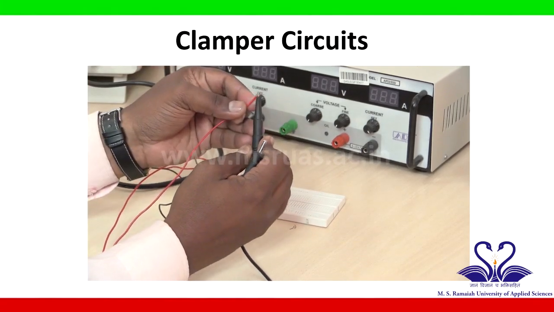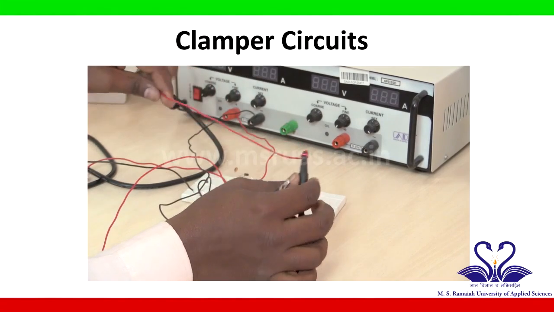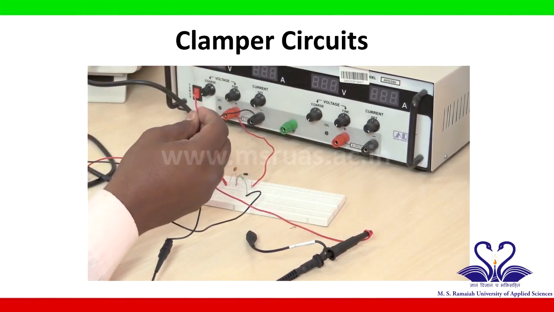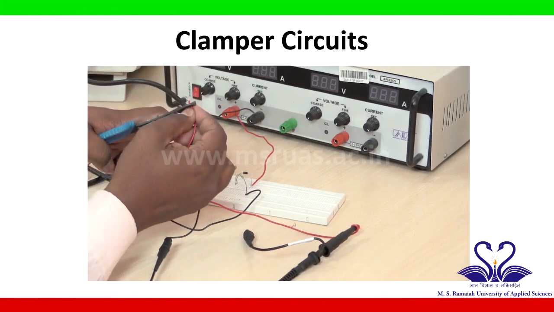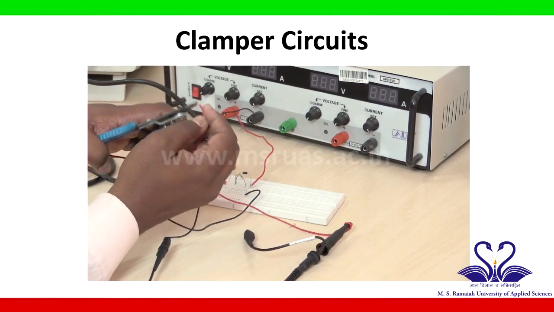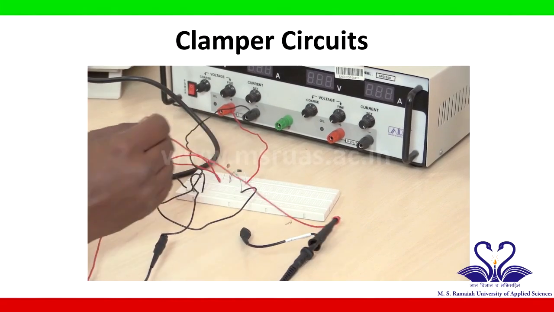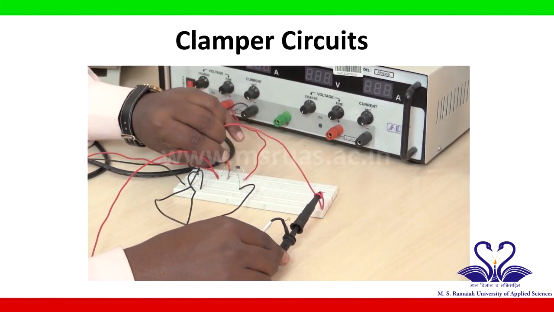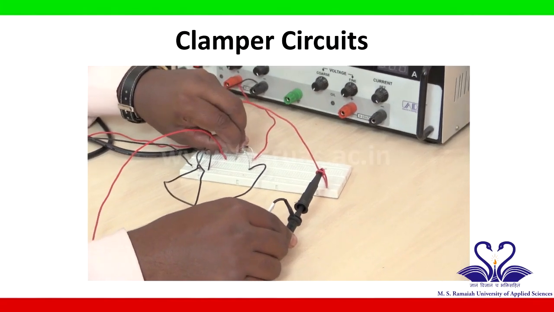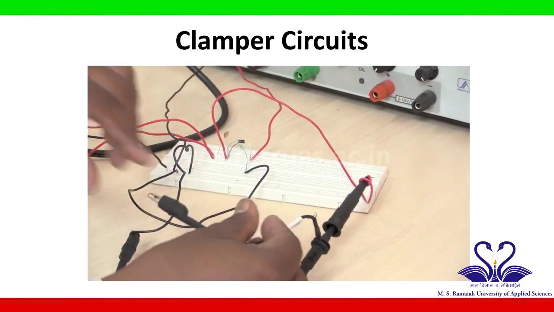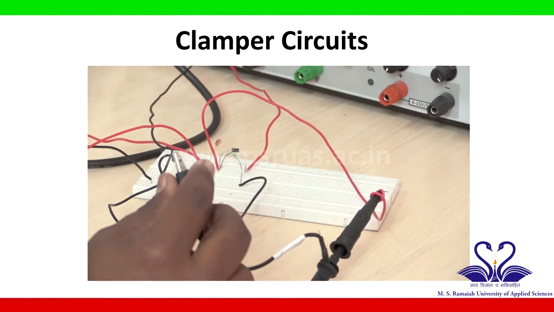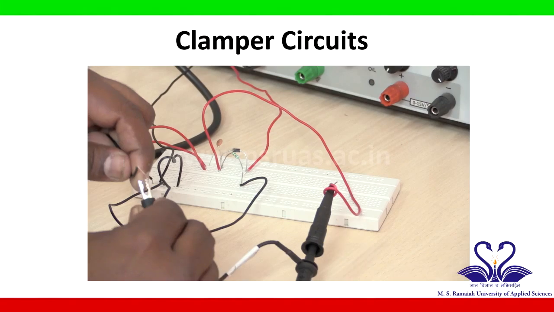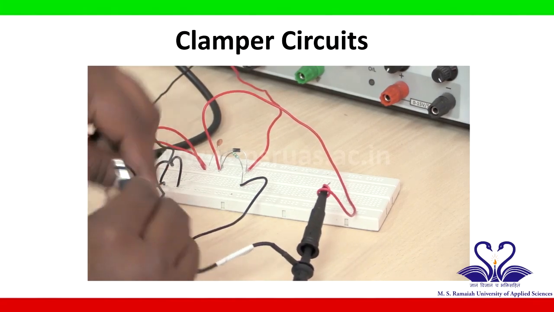So I will connect the positive of the probe to one end of the resistor, or the N terminal of the diode, on the breadboard. And the negative of the probe is connected to the other end of the resistor, which is a ground terminal.